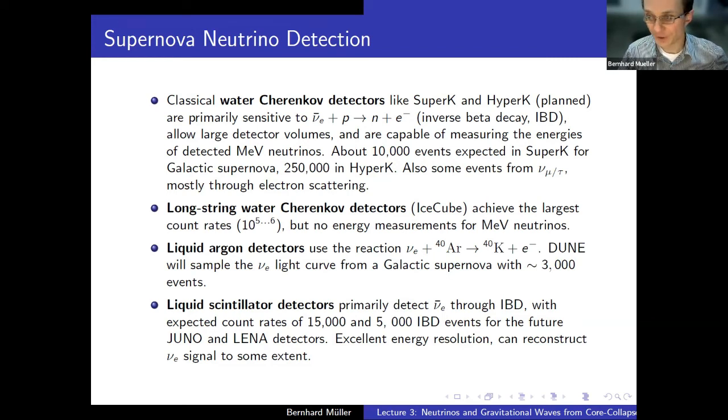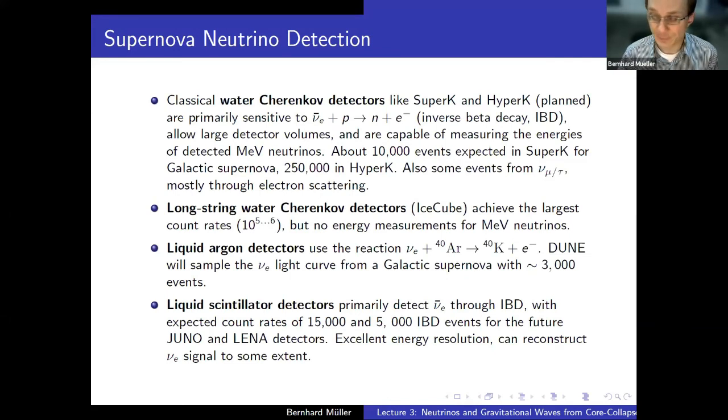The largest ones in terms of mass and in terms of expected count rates are water Cherenkov detectors. Examples of which are the famous Super Kamiokande in Japan, which actually detected neutrinos from supernova 1987A already, and its successor Hyper K. And these primarily detect events through the inverse beta decay.